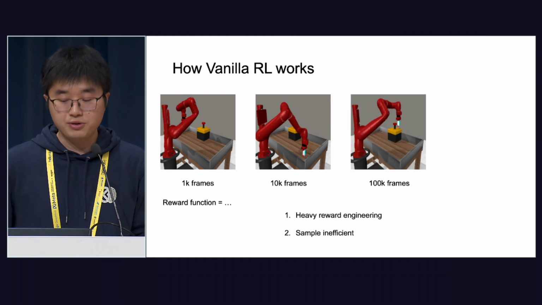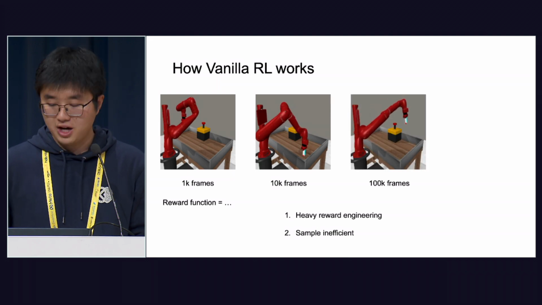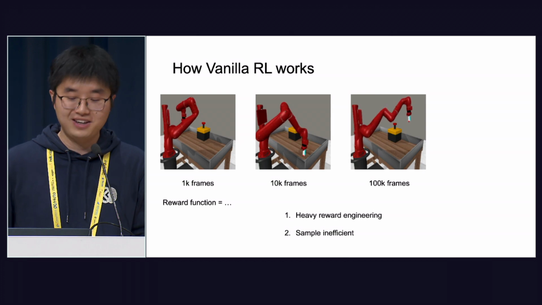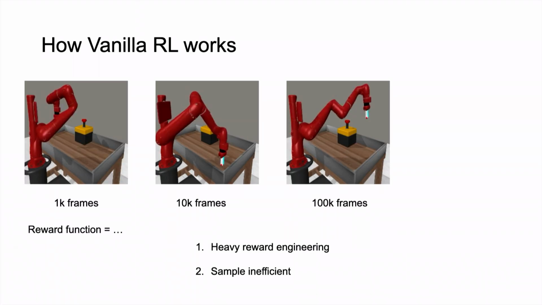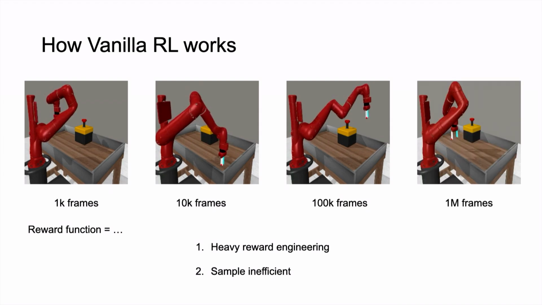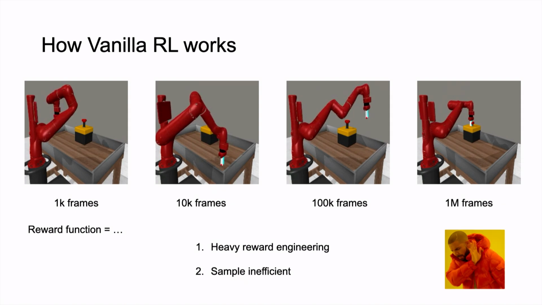After 100,000 frames, it can learn to move towards the button instead of moving away from it. After 1 million frames, it finally reaches the button easily and presses it down. So even if humans design a very decent reward function, the agent still wastes lots of time and exploration in meaningless states. And this is not what we want.